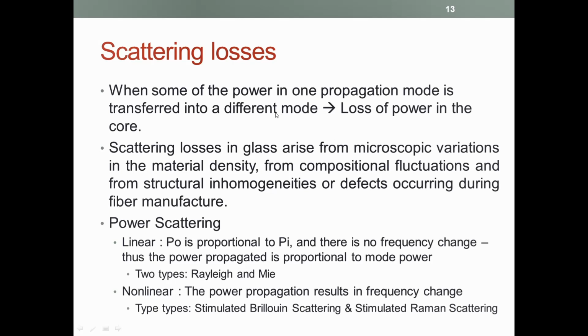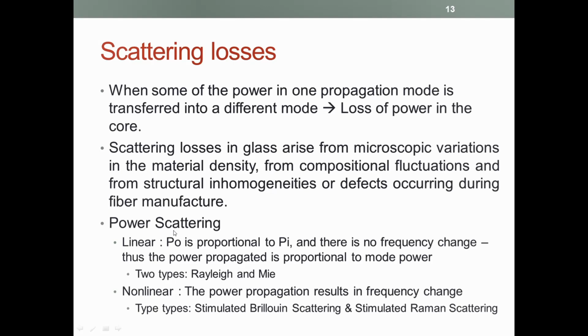So this is one probable cause for scattering. Others are compositional fluctuations and structural inhomogeneities or defects occurring due to fiber manufacture. This is a probable loss criterion which you need to remember.